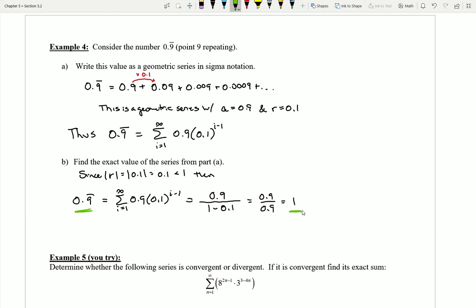They are the same number. They're not close. It's not like, well, if you round up the 0.9, then it happens to be a 1. No, no, no. Those are the same number. They're the same thing. 0.9 repeating is the number 1. It is the number 1.